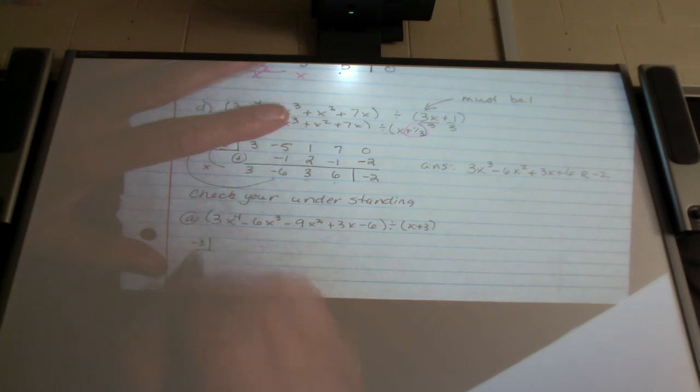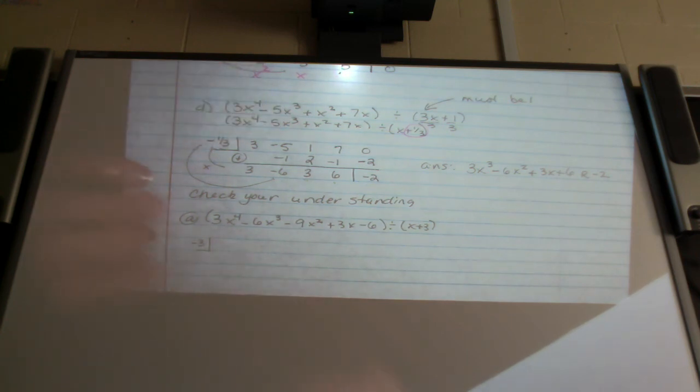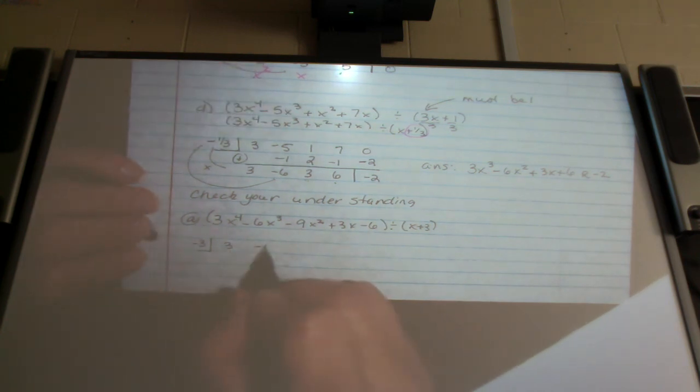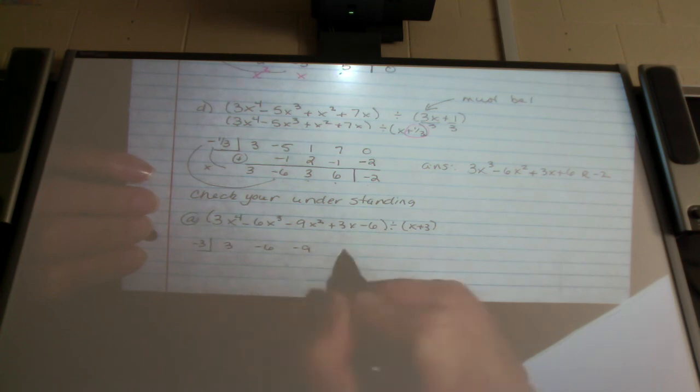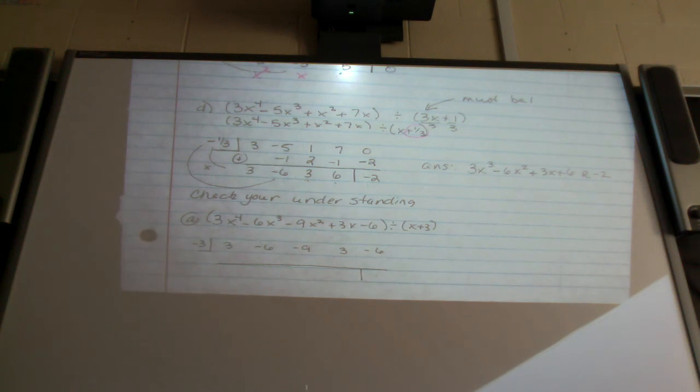So -3 on the outside, and then 3, -6, -9, 3, and -6. This is going to be our remainder right here.